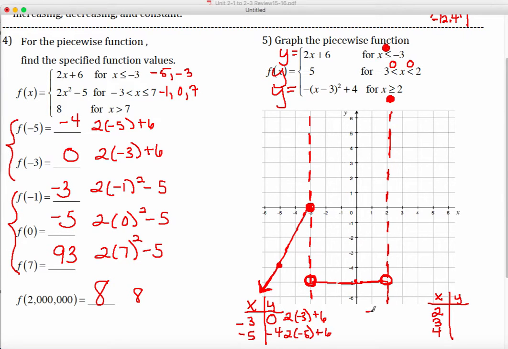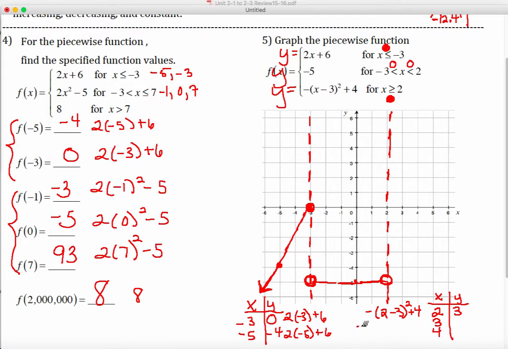So let's go ahead and substitute into the formula or the function. You have 2 minus 3 squared, which is -1 squared, which is +1. The negative outside will end up giving you -1, and -1 plus 4 is 3.